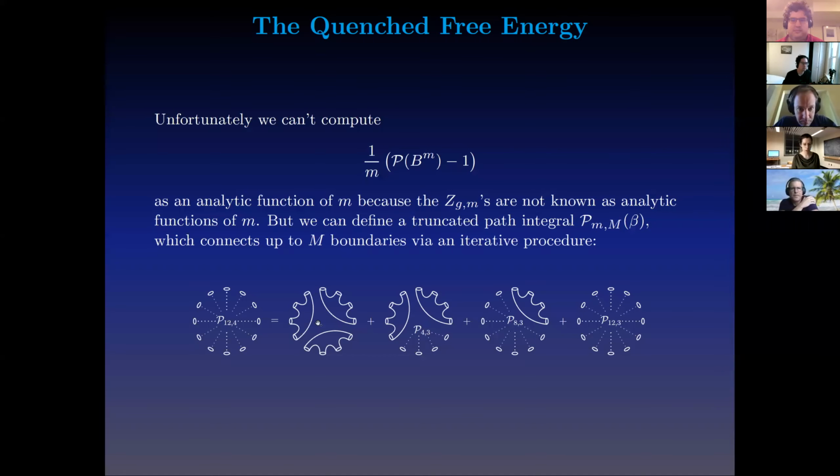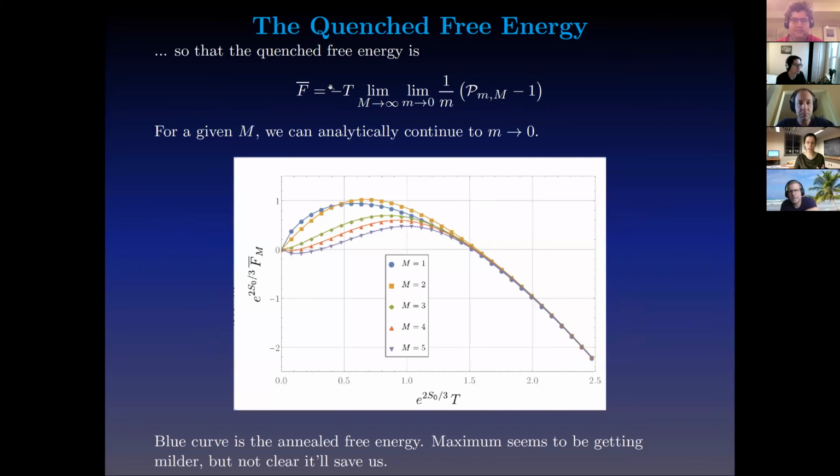This receives contributions like so: this one plus P 4 comma 3, with 4 boundaries, up to 3 connected, plus this, and then 8 boundaries, up to 3 connected, and then this one, which is 12 boundaries and up to 3 connected. So we have this iterative procedure, and the quenched free energy is given by a double limit: capital M goes to infinity, little m goes to 0 of this P little m capital M. For a given capital M, we can analytically continue to m goes to 0.